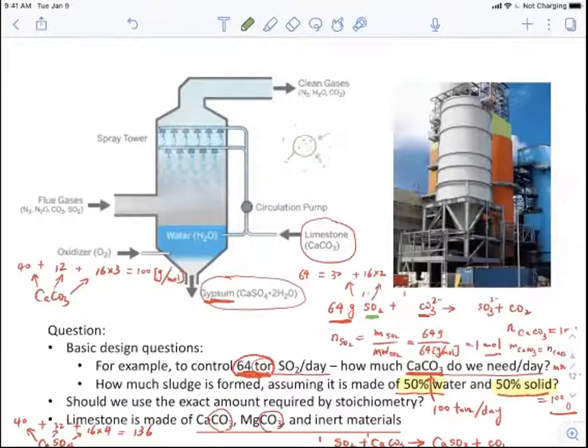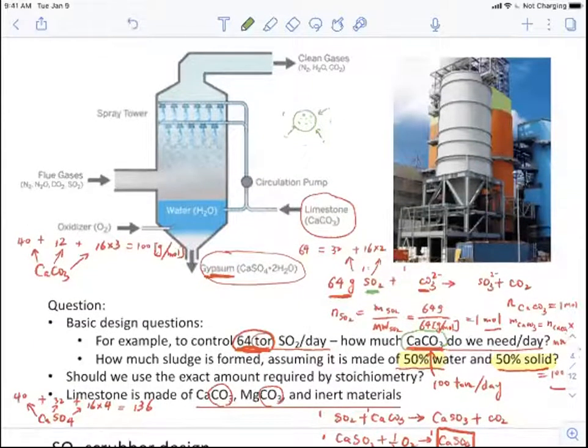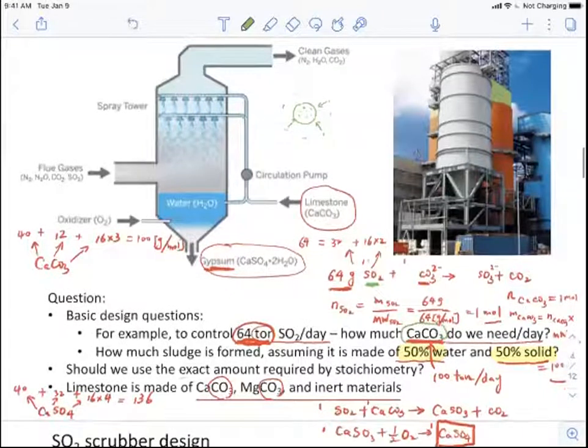And because of that, we actually need to provide more limestone, or more calcium carbonate, to neutralize the sulfur dioxide gas, okay? So in actual engineering, we cannot provide the exact amount required by stoichiometry. We can provide, let's say, 10% or 20% more of the required limestone.